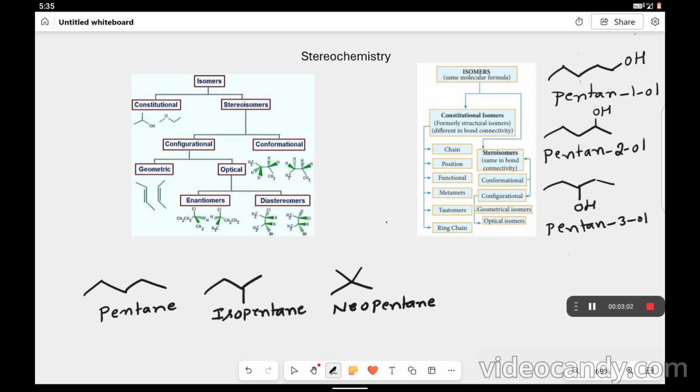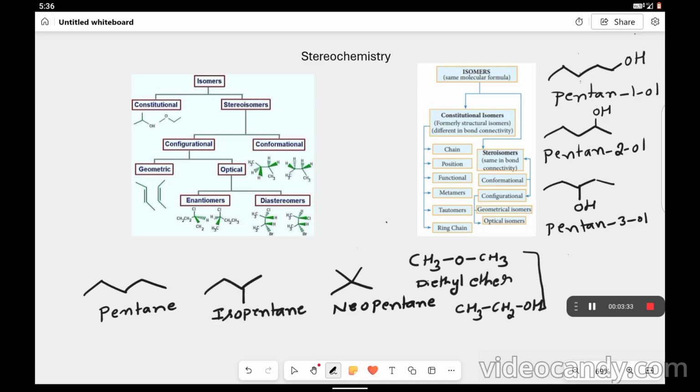And next one is functional isomerism. The example for functional isomerism is this compound, diethyl ether, and one more possible compound is ethanol.